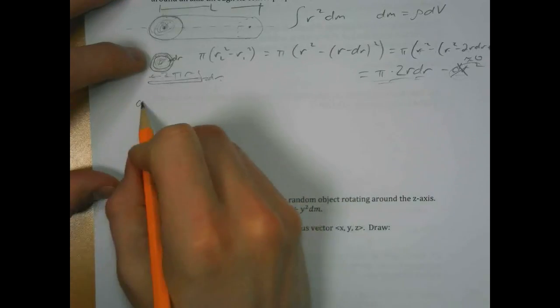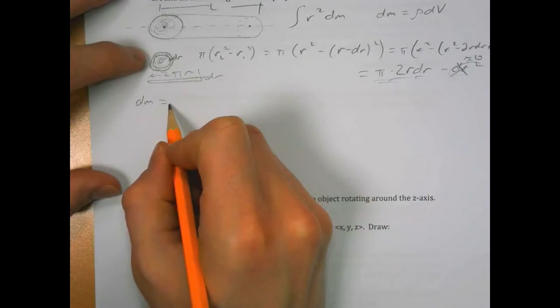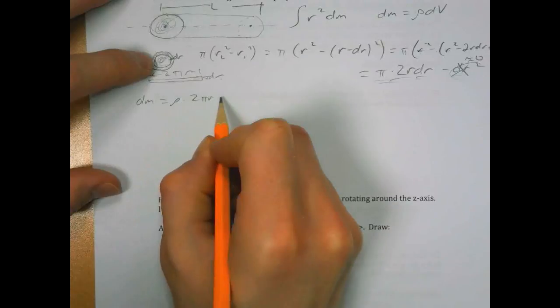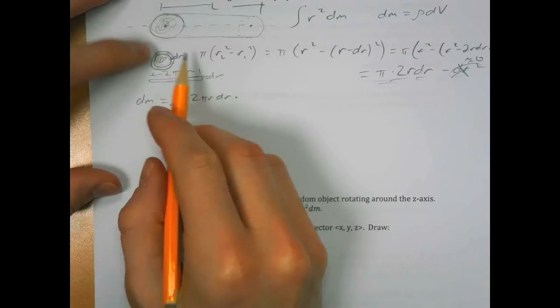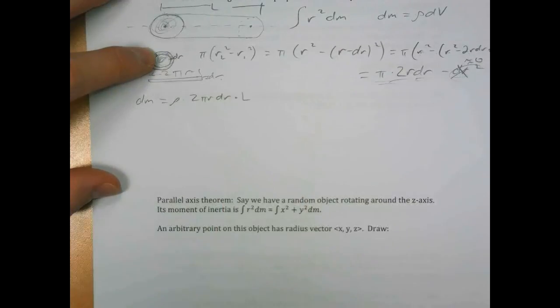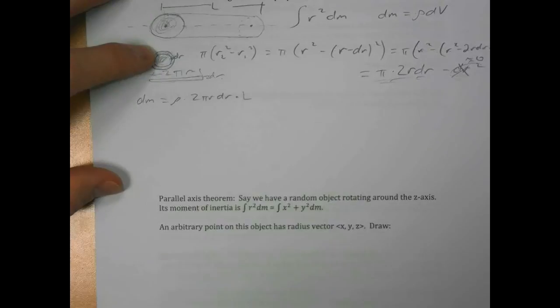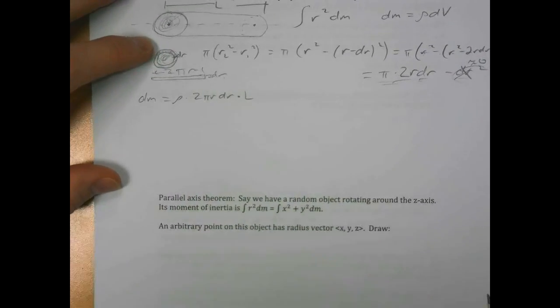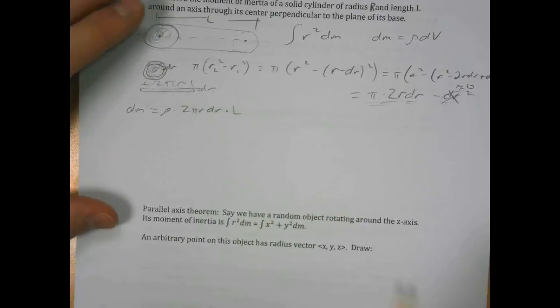So our dm then, now we do need a volume, so the circle has area 2 pi r dr, and then that circle extends all the way through the length of the cylinder, so we multiply that by the length, and we've got a volume. So that is our dm here, rho times 2 pi r dr times L. And we can do our integral.